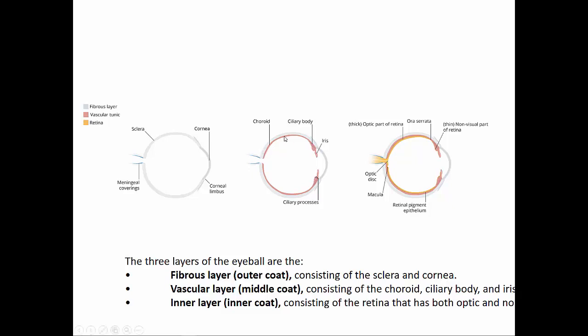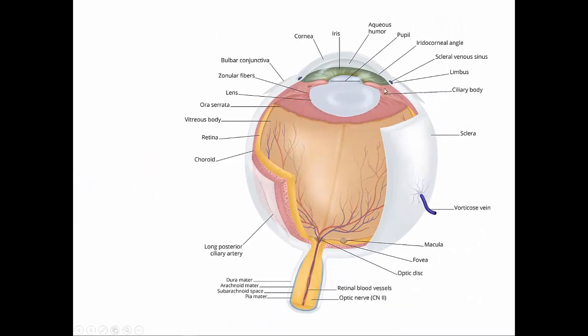And if we're moving anteriorly, the choroid becomes continuous with the ciliary body, which is basically a ring-like thickening. I'll show you on the next slide. Here is the ciliary body. It's a ring-like thickening that goes all the way around the eyeball, on the anterior aspect, of course.